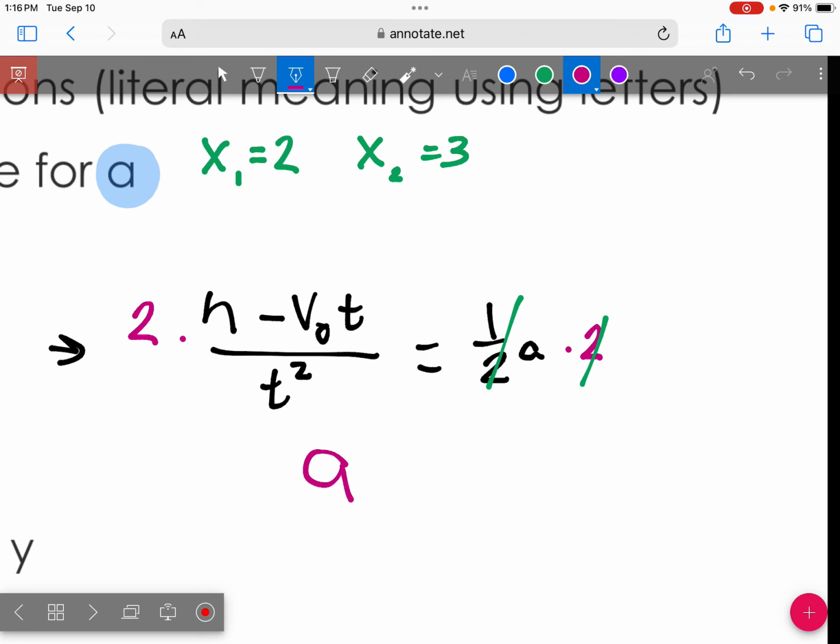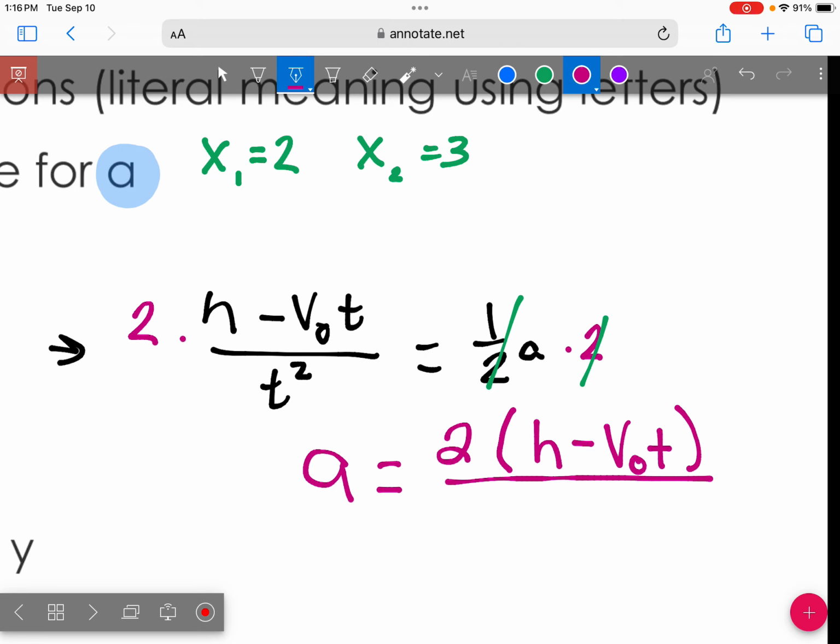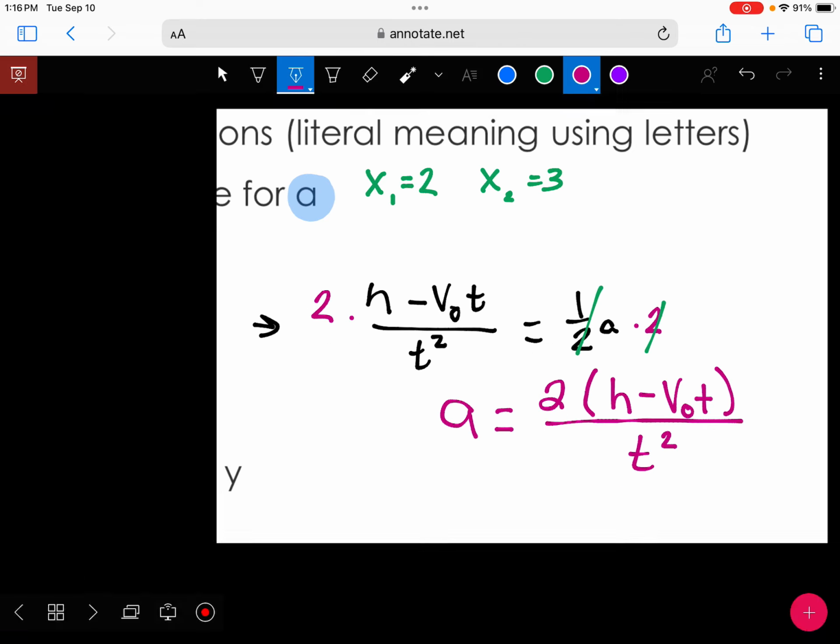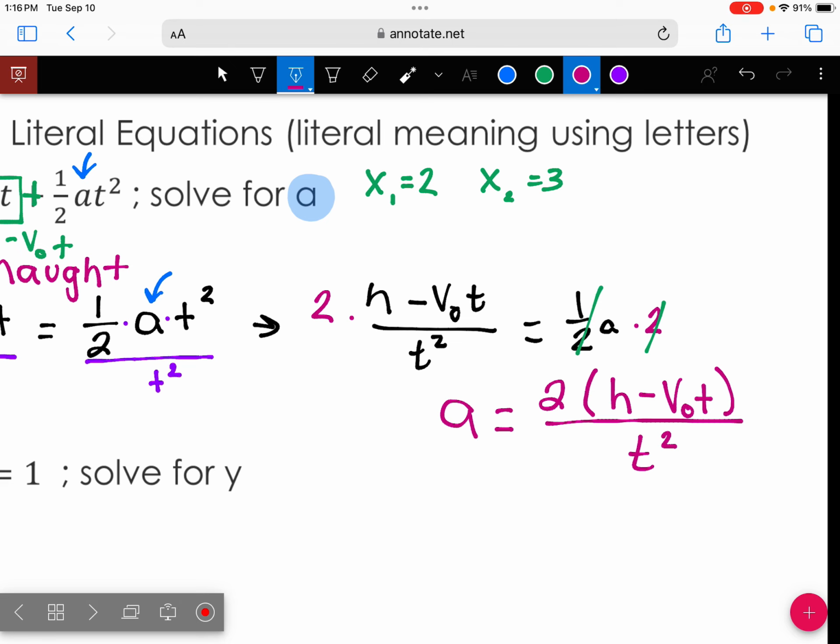So our A is really going to equal 2 times, and we have to have 2 times the whole thing, so we're going to put it in parentheses. H minus V naught T over t squared. I'd be 100% okay with that answer. If you decide to distribute out the 2, that is also okay.